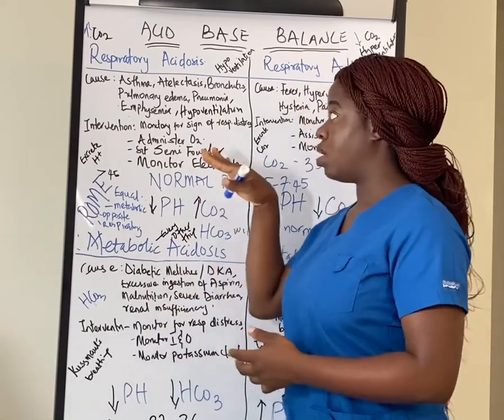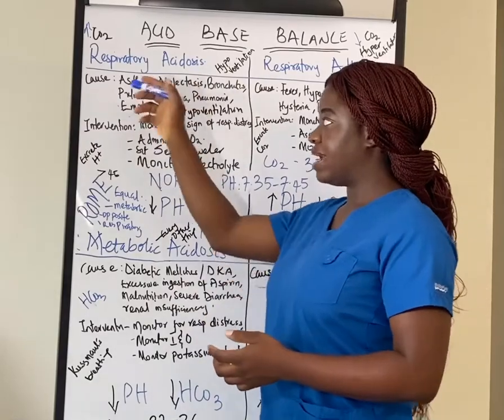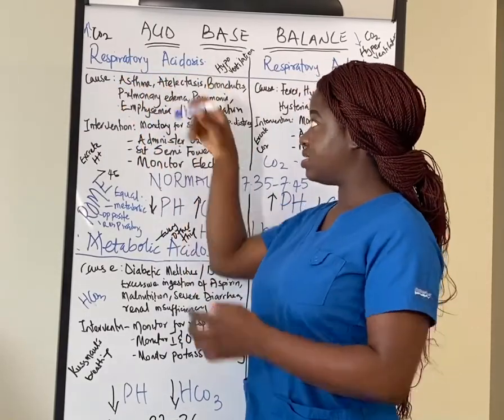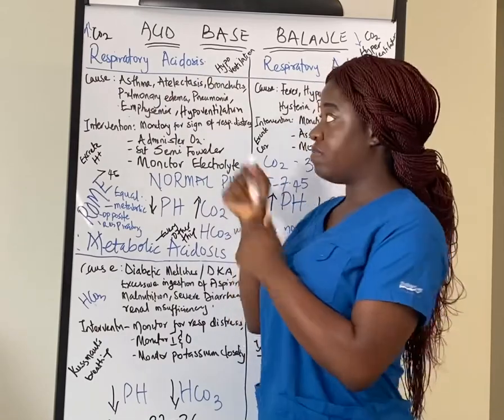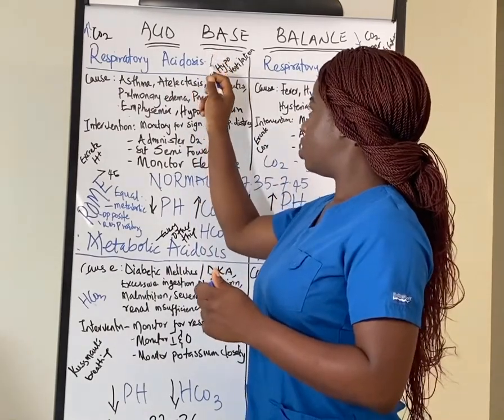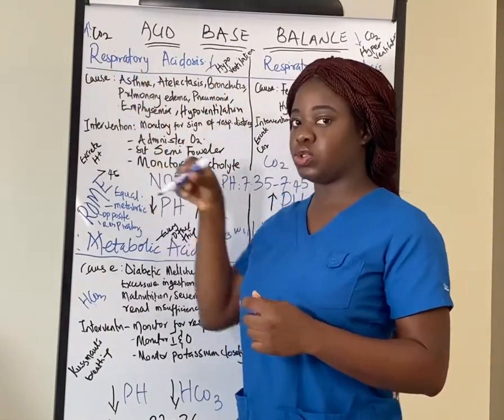So we'll be looking at respiratory acidosis. Respiratory, lungs, that's the CO2. Acidosis, pH, that means the pH is reduced. So in this case, the pH is reduced and the CO2 is increased.